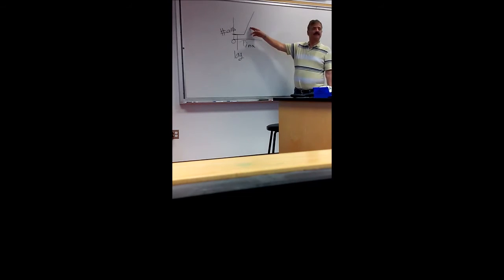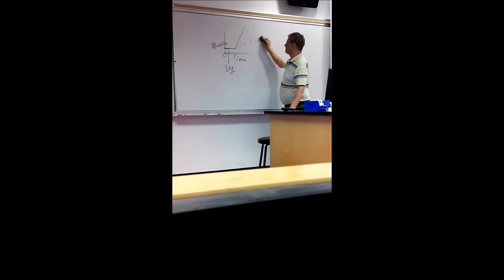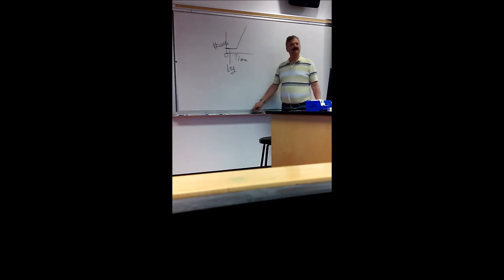Now, the steeper the slope, the more cells you're getting. I found out a couple of years ago, not everybody actually understands that. So if the slope is like that, you're not getting as many cells as if it's like that. But to me, I thought it was pretty obvious, but apparently to some students a couple of years ago, it wasn't so obvious. So at any rate, you're getting more and more cells.